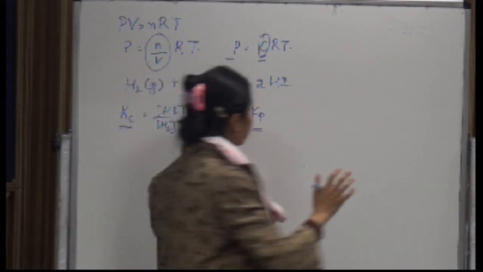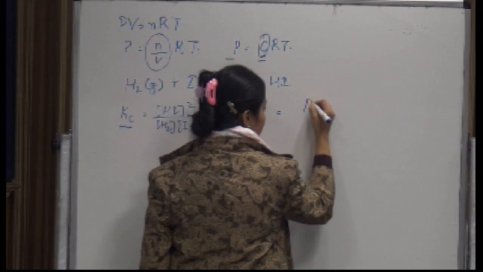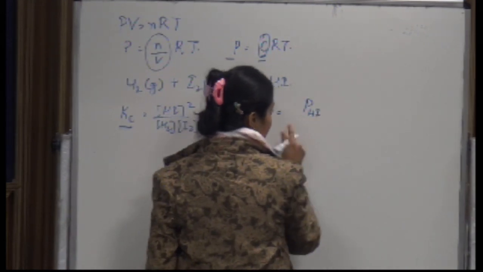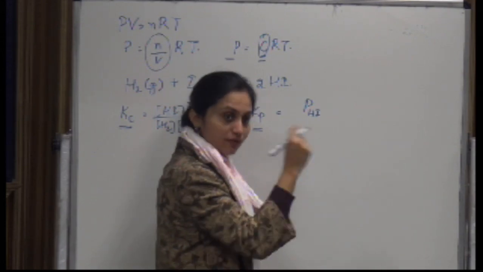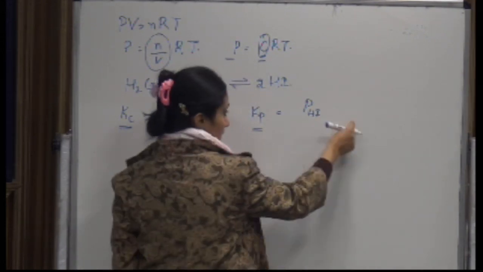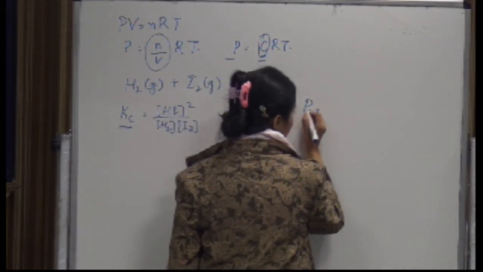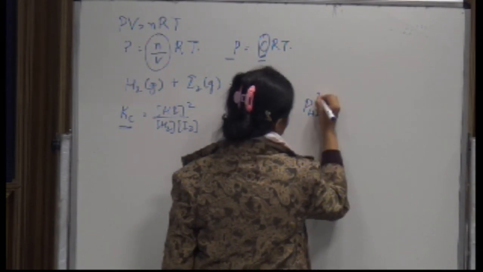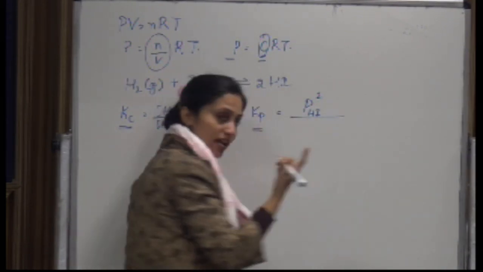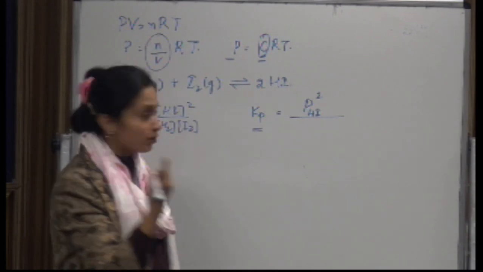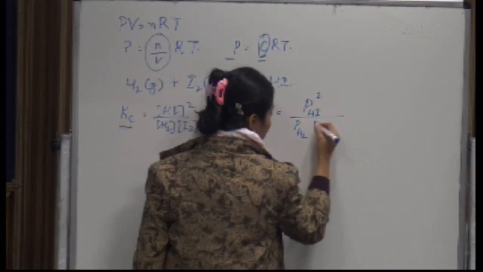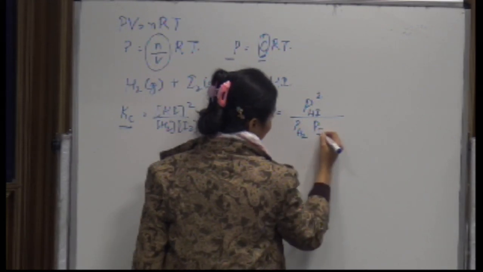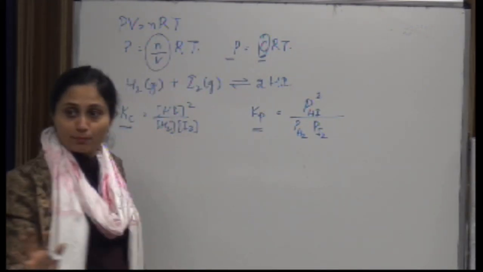Had I got another product, I would have written the product of this with that. So Kp will be equal to P of HI square upon PH2 into PI2. This is simply your Kp.